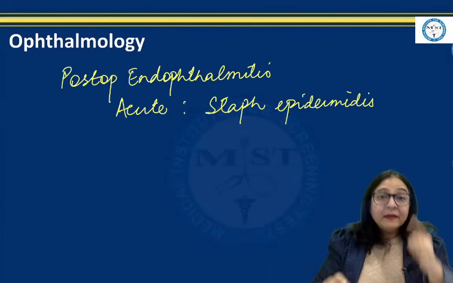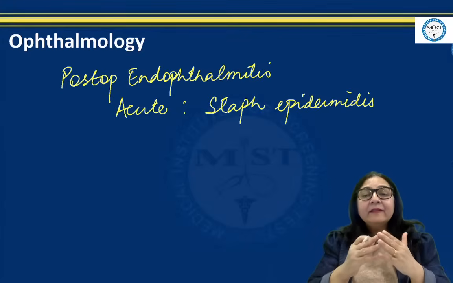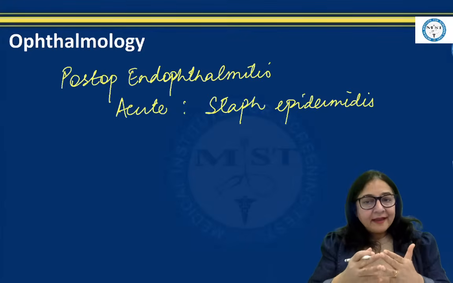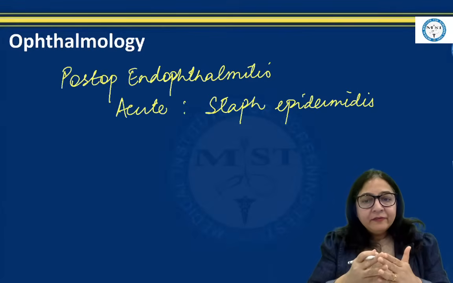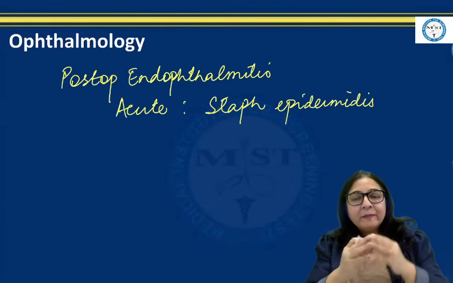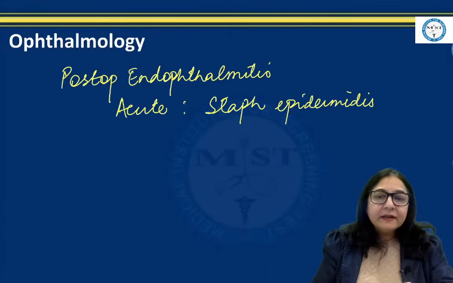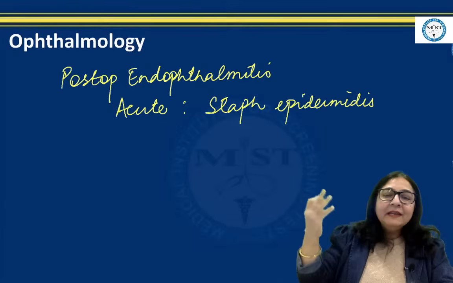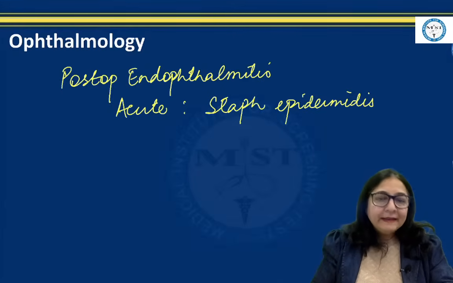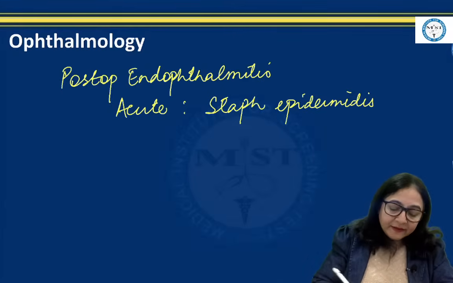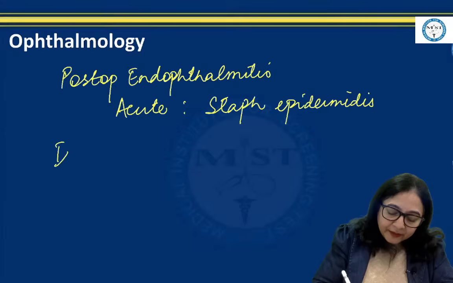Please remember this. In these cases, there will be painful red eye and decreased vision, with suppurative inflammation in the anterior chamber as well as the vitreous cavity, leading to decreased vision.